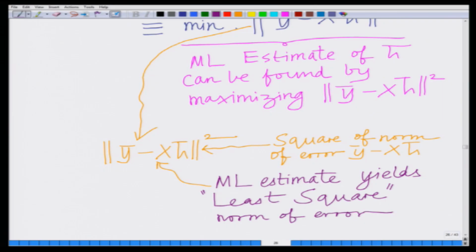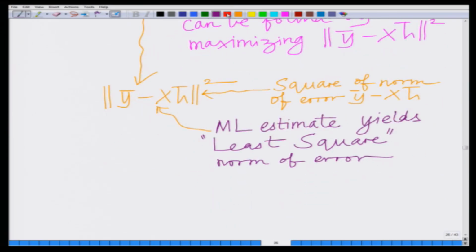Therefore, this is a very popular cost function, this is termed as your least squares.